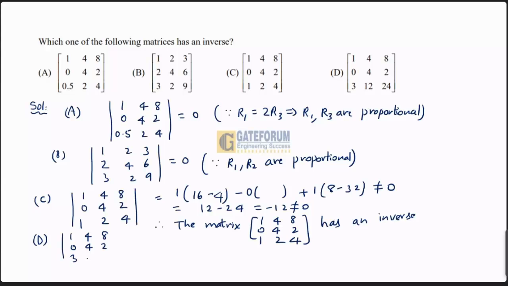We got the answer in option C because in the question it asked for one of the following matrices only. 3, 12, 24 is equal to 0 since R3 is equal to 3 times R1. So the answer is option C. This is the end of the question.